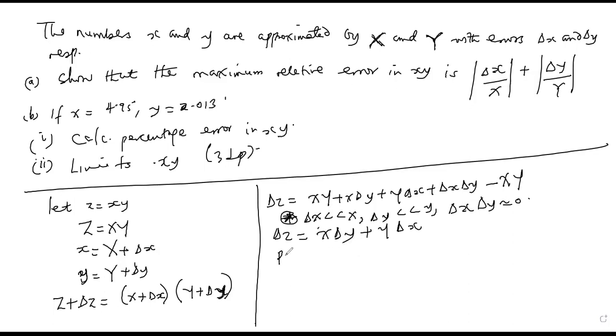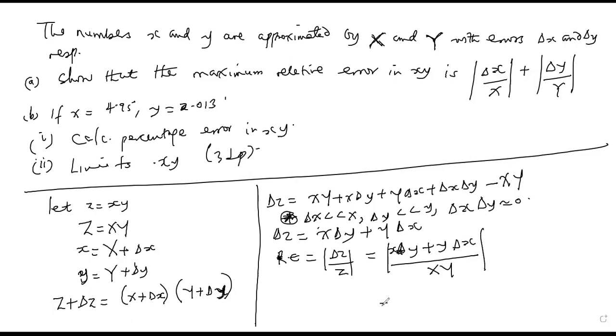And then here you can get the relative error. Actually, after reaching here, you can get your relative error, which is delta z over z, which is going to be equal to X delta y plus Y delta x, everything we are dividing by XY.